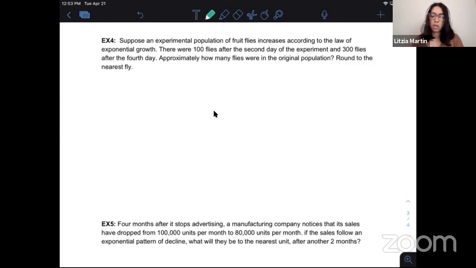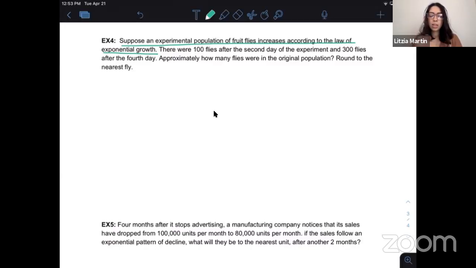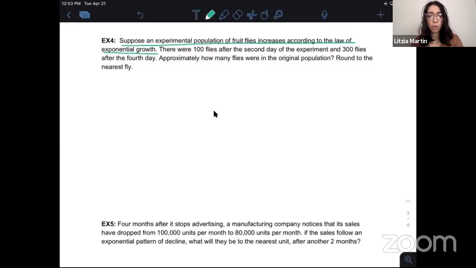So we start out with this sentence here that says that the population increases according to the law of exponential growth. So this is a key phrase as well.